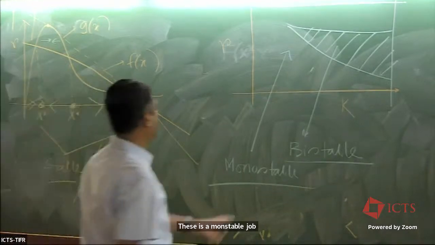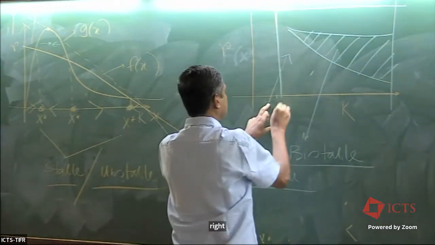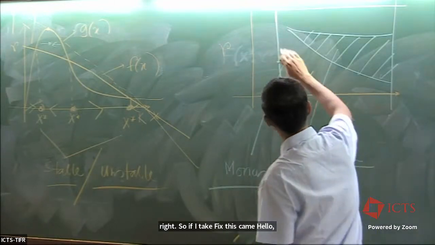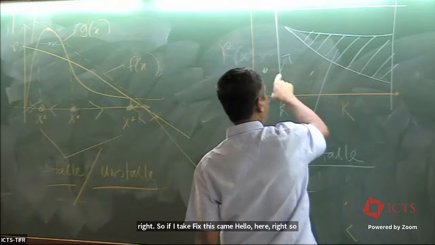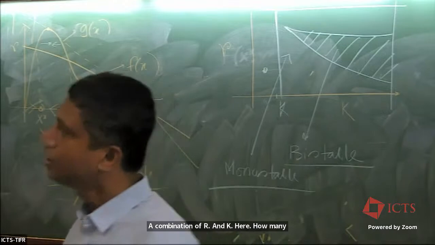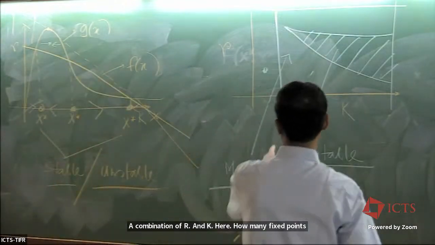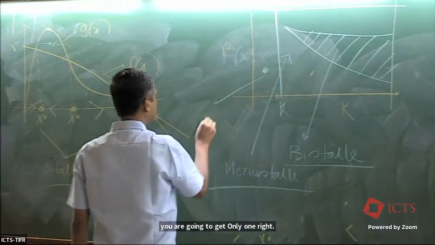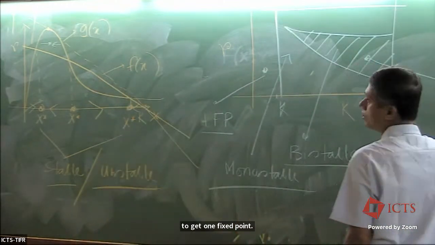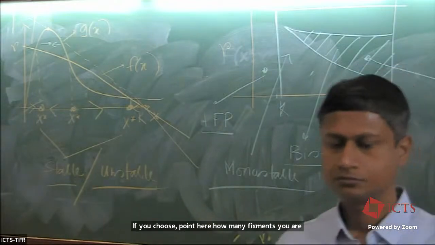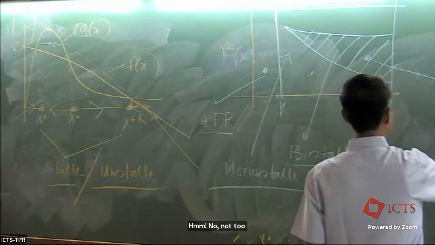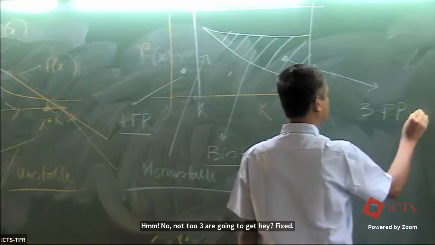So if I choose a combination of r and k here, how many fixed points are you going to get? Only one. If you choose a point here, how many fixed points are you going to get? Not 2, 3. You are going to get 3 fixed points.